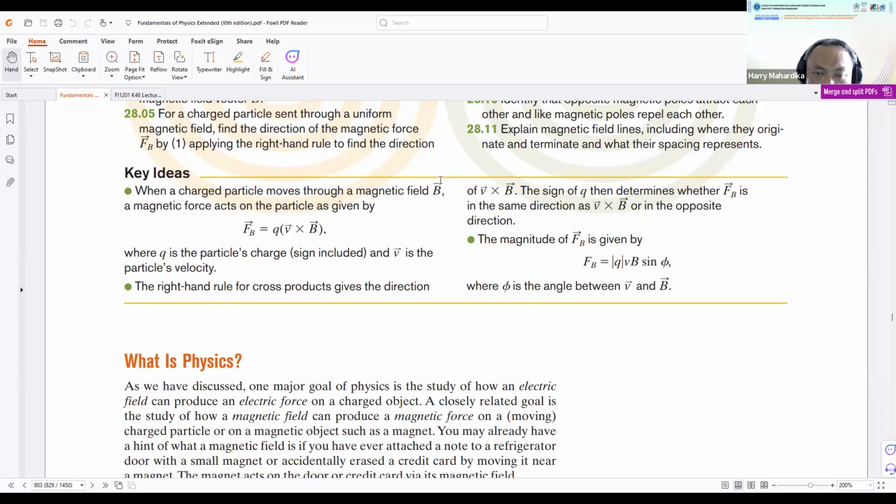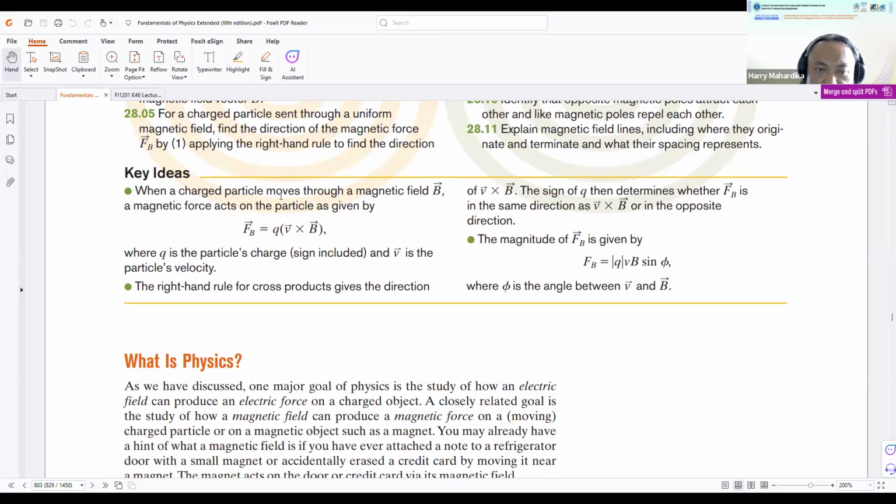It has a value, meaning the magnitude, and also direction. For magnetic fields, we have a capital letter B with an arrow that tells us the magnetic field is also a vector variable. It has magnitude and also direction.